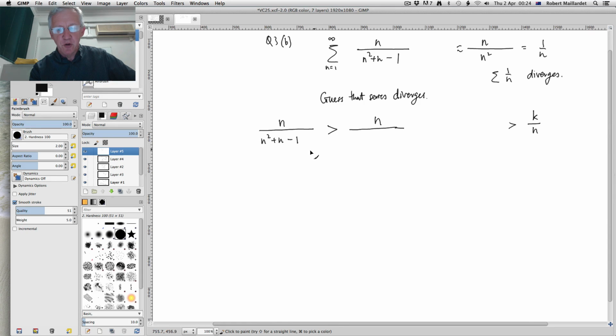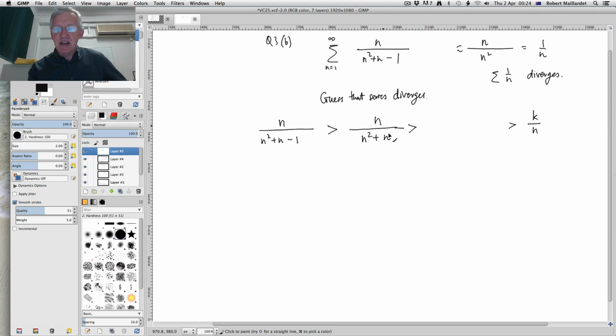Whatever I put here has to be bigger than this. Well, that means I can get rid of the 1 straight away just by writing n squared plus n. So as this series of inequalities continues, I'm remembering that I would need to make the top smaller with the inequality. I need to make the bottom flip the other way. It needs to be bigger.